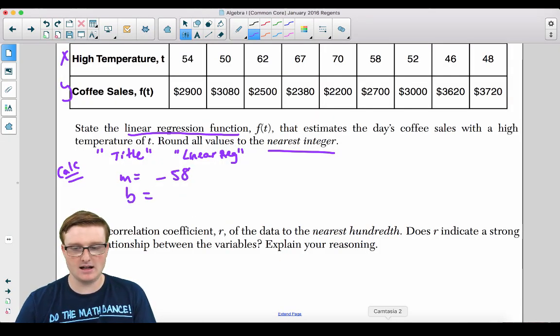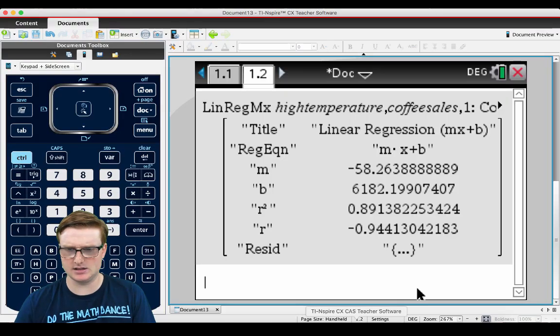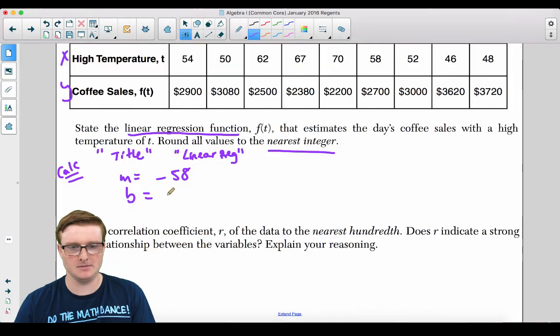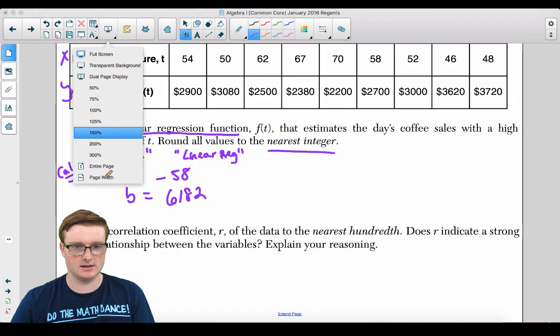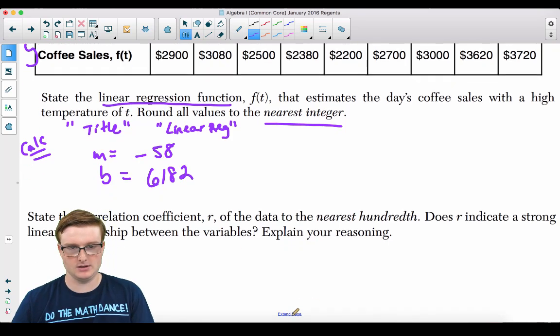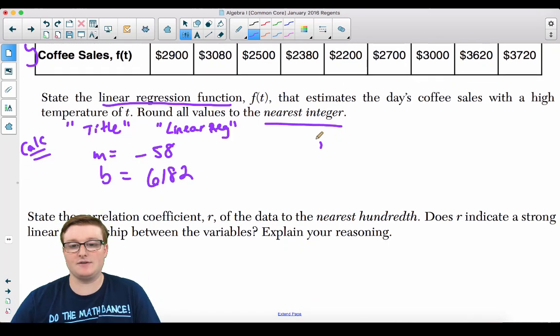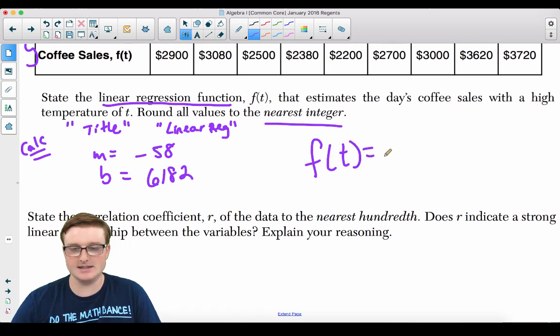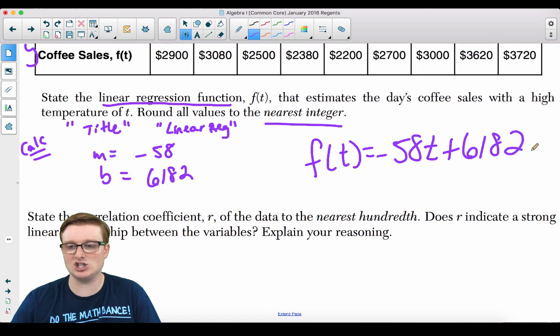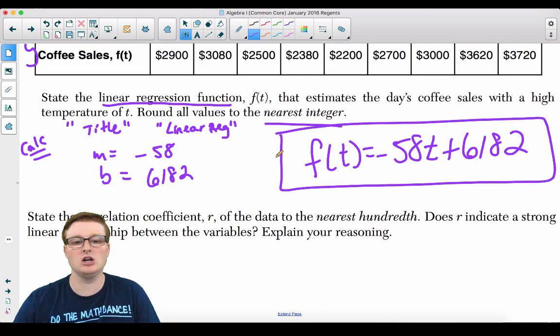And your b value rounded to the nearest integer is 6182. That's a big number. So that means that your line, because it's asking you to write it as f of t, so f of t is equal to negative 58t plus 6182. That is your answer to that part.